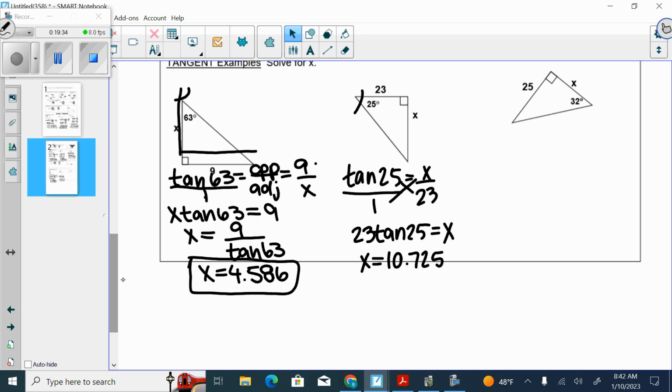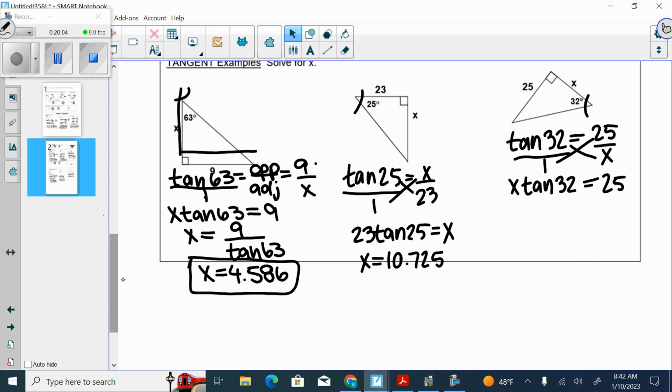All right, last one. Here's my angle. So what's my ratio going to be? Put it over 1 and we cross multiply. So I have x times tangent of 32 is equal to 1 times 25.